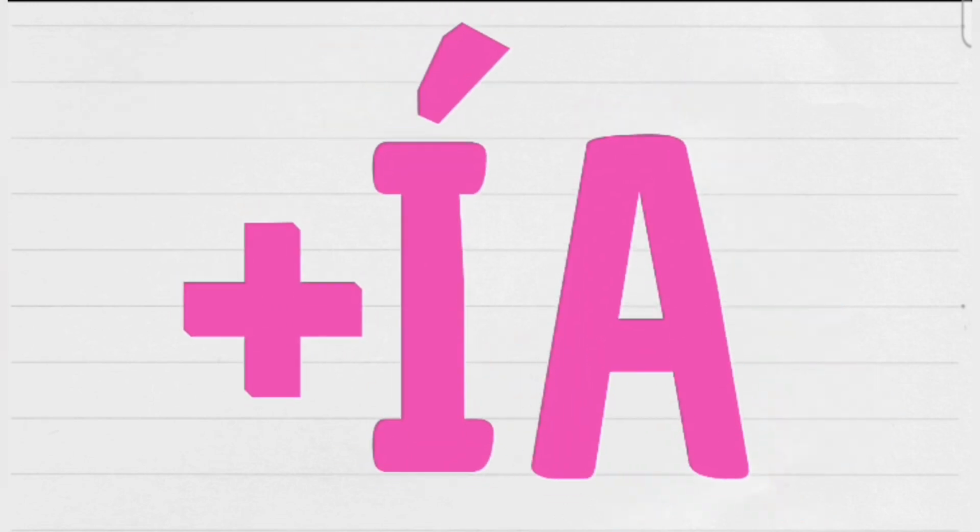According to the rule of the imperfect past, you have to add letter I with an accent and letter A also. So remember, if you have verbs ending with er or ir, then you have to add these two letters, okay? Letter I with an accent and letter A.